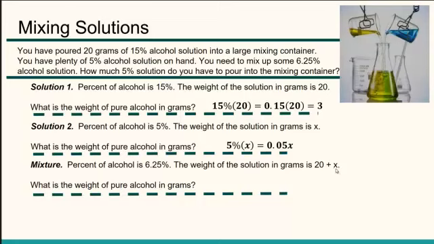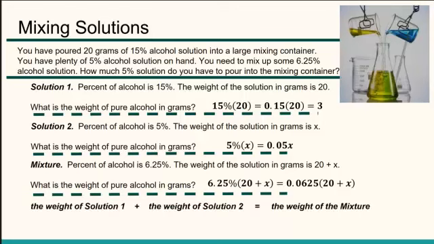So the weight of the mixture is just going to be 20 plus x. What's the weight of the pure alcohol in grams? That's going to be the 6.25%, because that's what I want, times the total weight of this mixture solution, so that's 20 plus x. I'll just make sure I change that 6.25% to a decimal, and then I'll leave it like that.